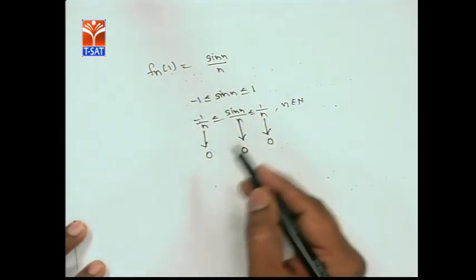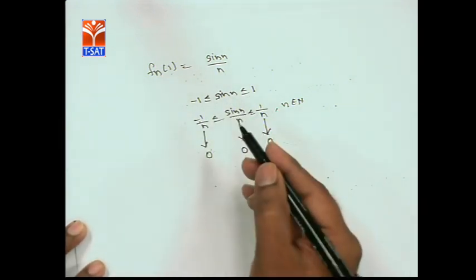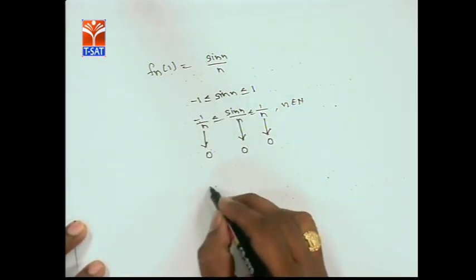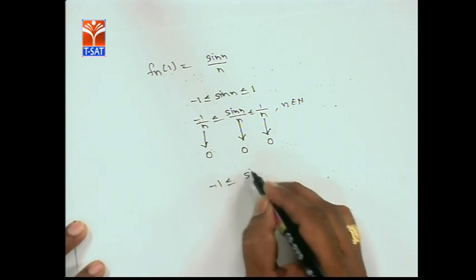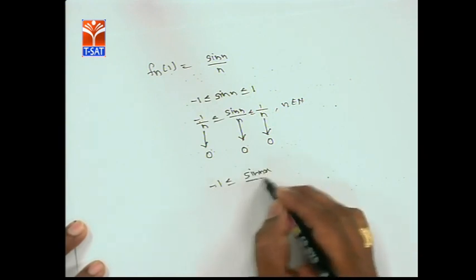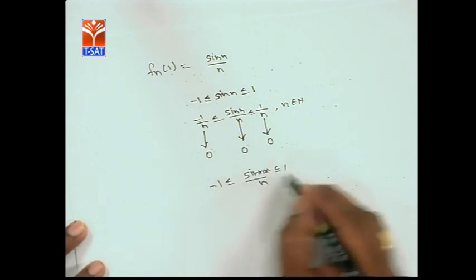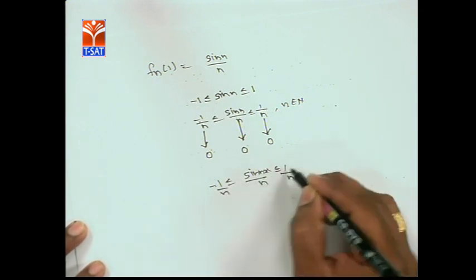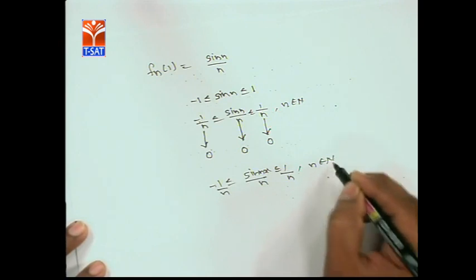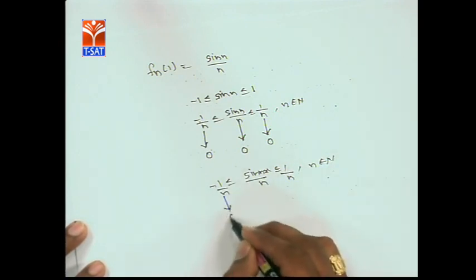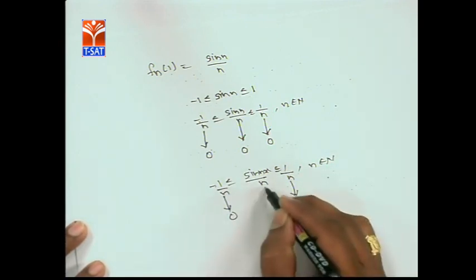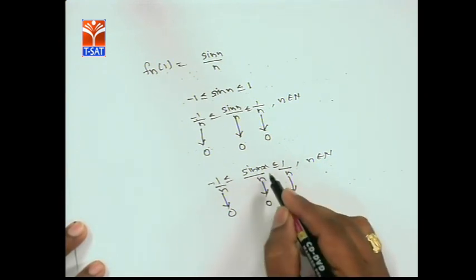Now we have to check at each point in R. In general, we can write minus 1 is less than or equal to sin nx, which is less than or equal to 1. Dividing by n, here also n belongs to N. So by the sandwich theorem, which converges to 0 on both sides, it converges to 0 for every x.